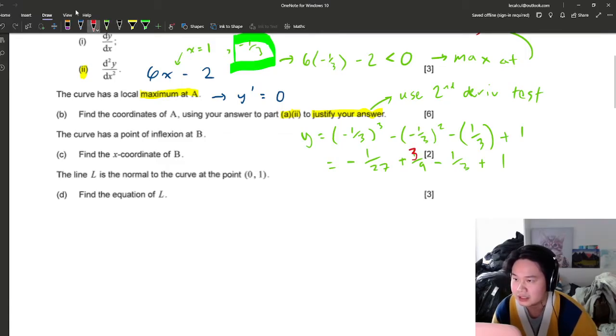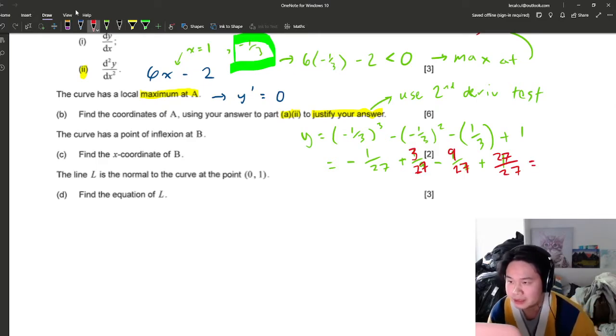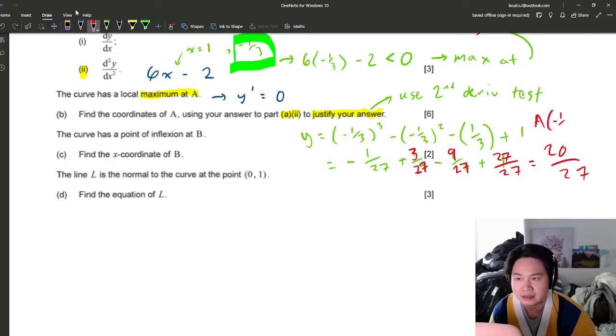So this is 3 over 27. This is going to be 9 over 27. And this is 27 over 27. And then we have negative 1 plus 3, which is 2, minus 9, which is negative 7, plus 27. So what, like 20 over 27? So your maximum at A is at negative 1/3 and 20 over 27.